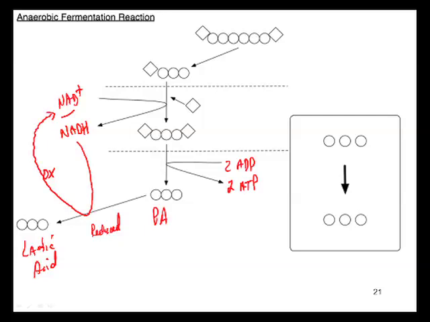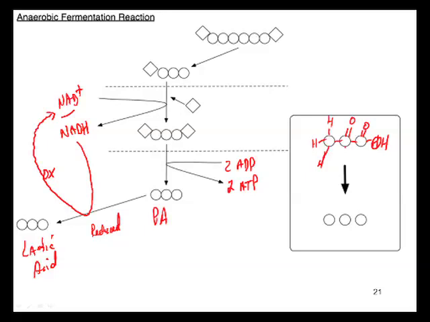Here's what this process basically looks like. If we were to draw out this fermentation reaction, this is what we'd have. Here's pyruvic acid. Each circle, again, represents a carbon. Pyruvic acid would look like this. Oops, should be an OH here. That's pyruvic acid, the structural formula.